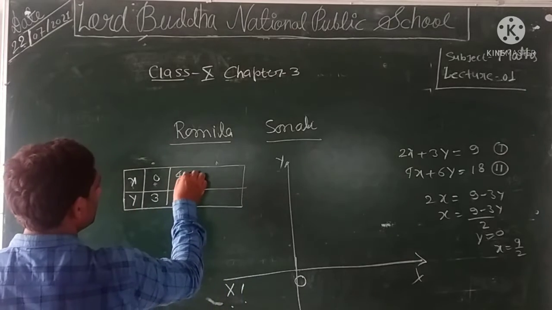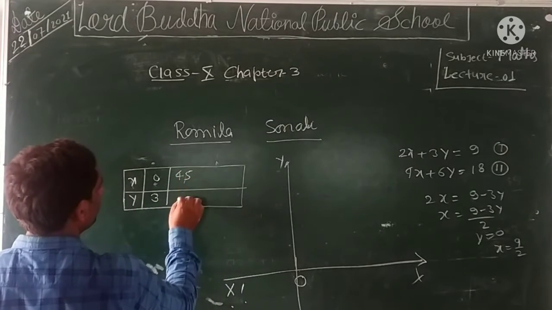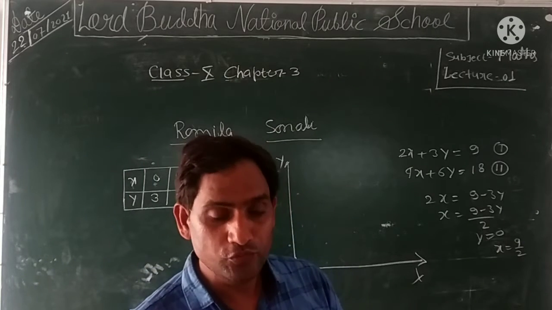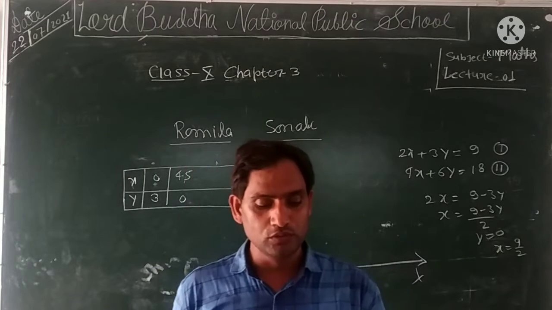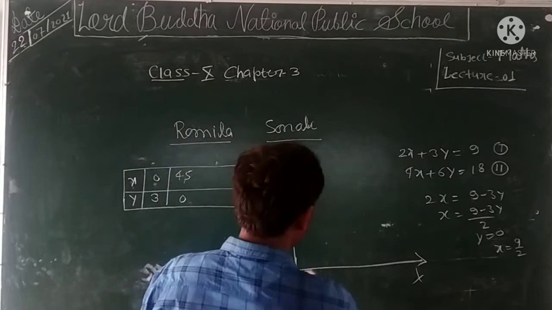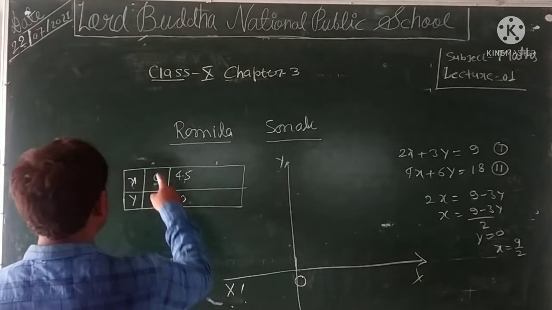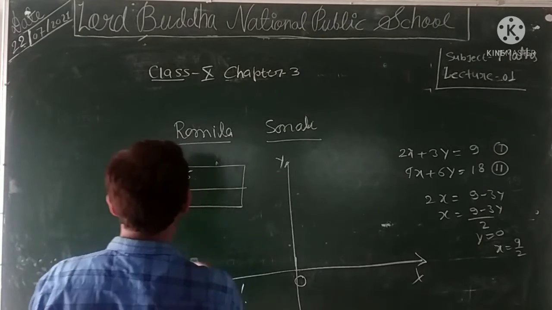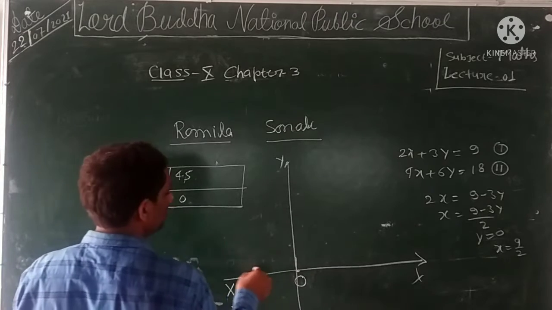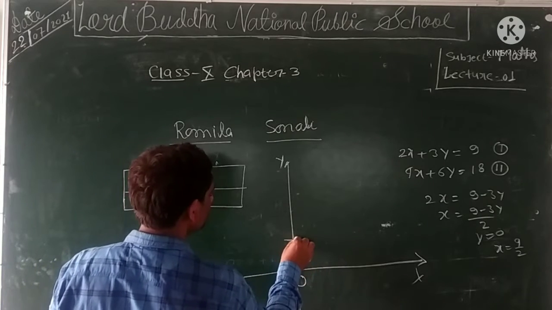We get two values, and we write these two values on the axes. The first is 0, 3: at x-axis 0 and y-axis 3, meaning 1, 2, 3.